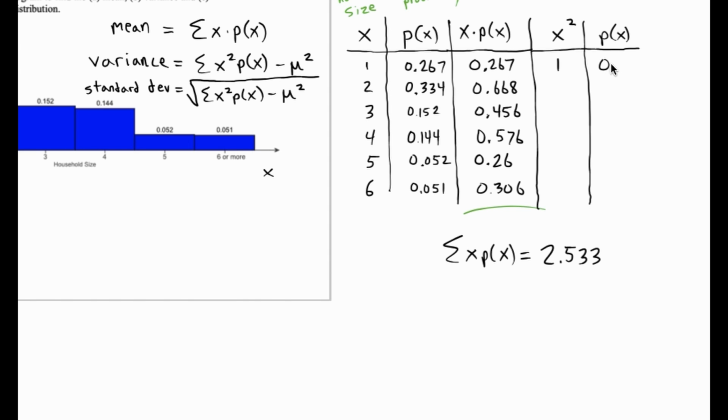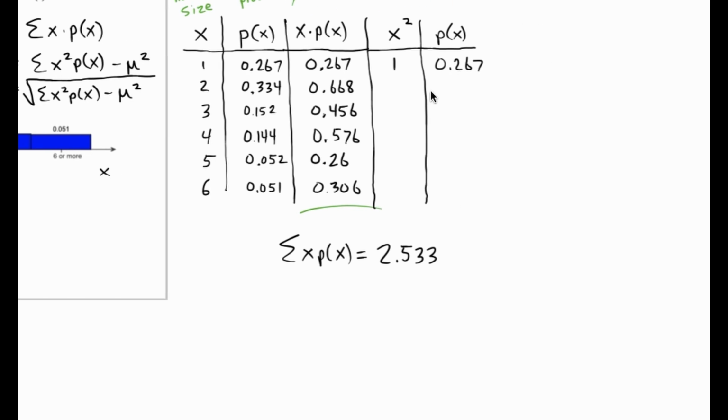So I'll just copy the p of x over. I'm squaring the x values, so I'm doing 2 times 2 to get 4. And then over here on the very right, I'm just going to copy that 0.334. Yeah, and I'll just keep going like that.